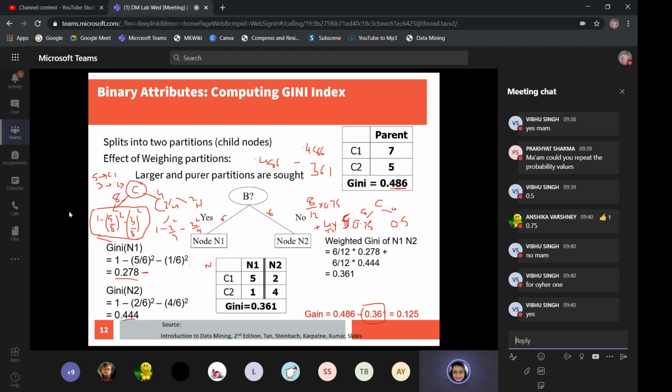So what is the final answer? 8 by 12 into 0.75 plus 4 by 12 into 0.5. Answer please.